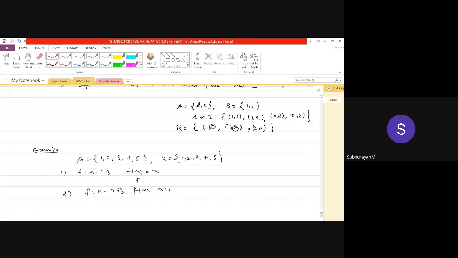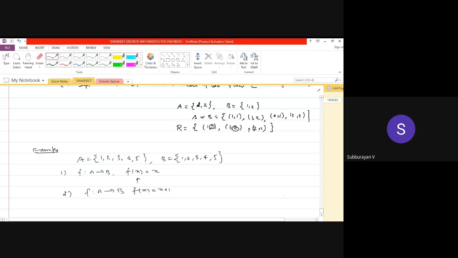Therefore the relation defined by f(x) equals x plus 1 is a relation, but it is not a function, because the element 5 does not have an image in B. So if you want to define a function, we must be very careful about the domain and the codomain. Here the domain is the set A and the codomain is the set B.